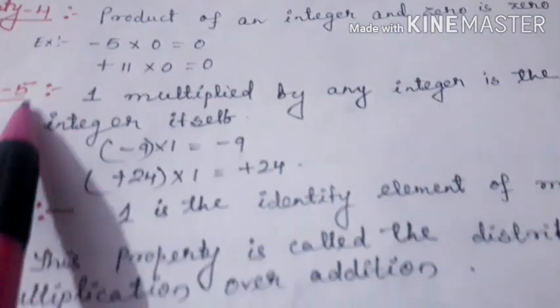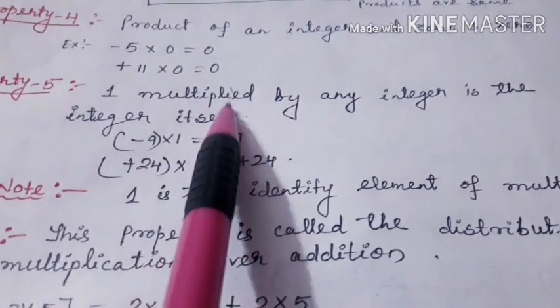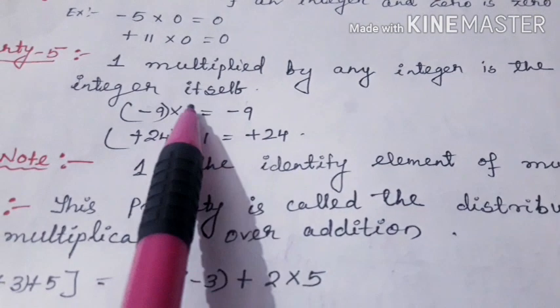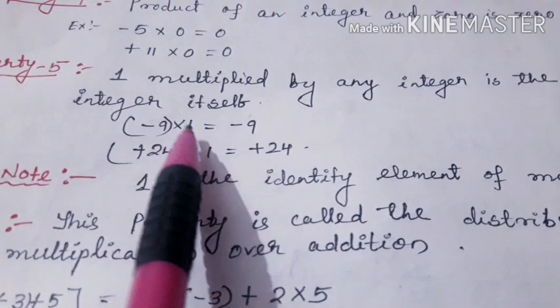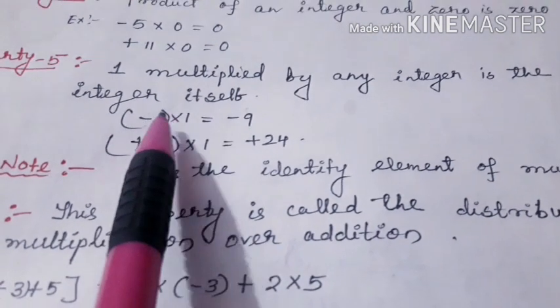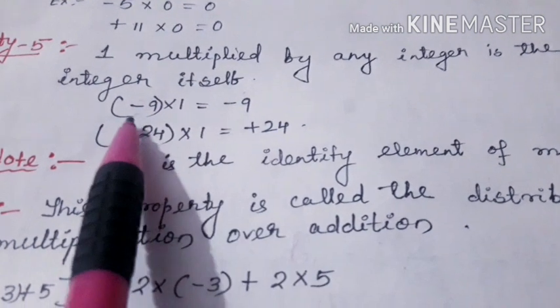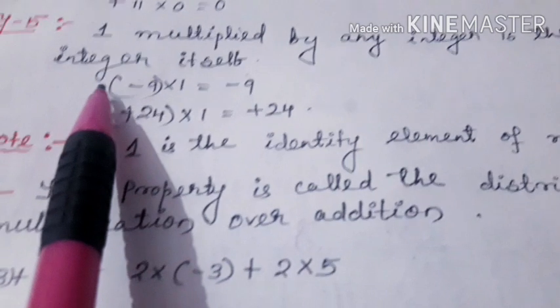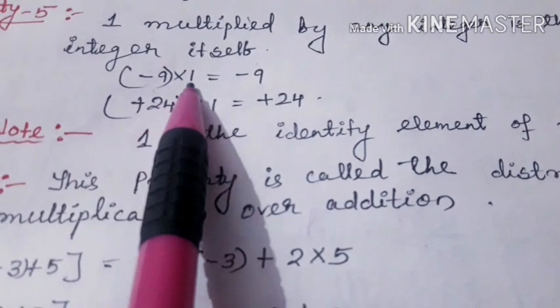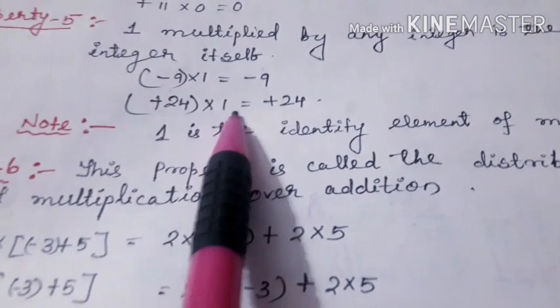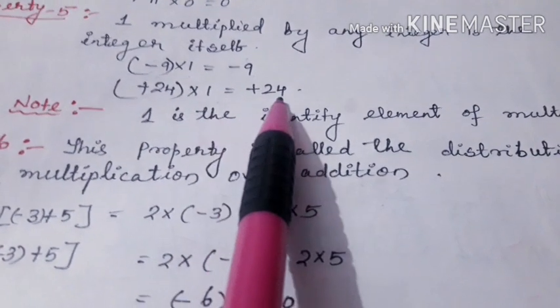Then property 5: 1 multiplied by any integer is the integer itself. It means when you multiply 1 with any integer, you will get the integer itself. Suppose I take one example: minus 9 into 1 is equal to minus 9, plus 24 into 1, what will we get? Plus 24.